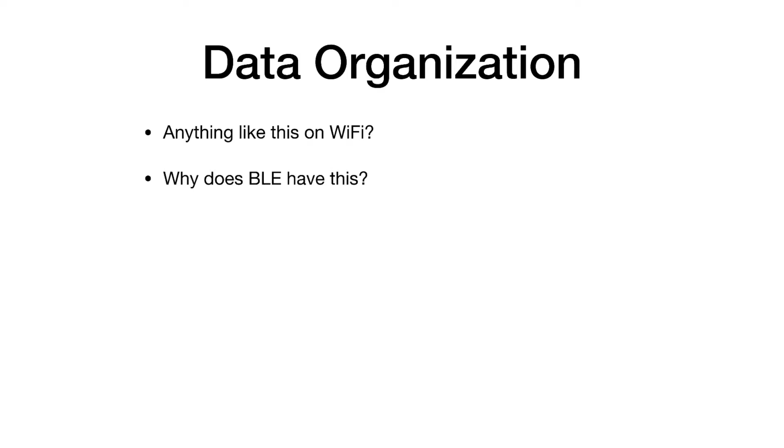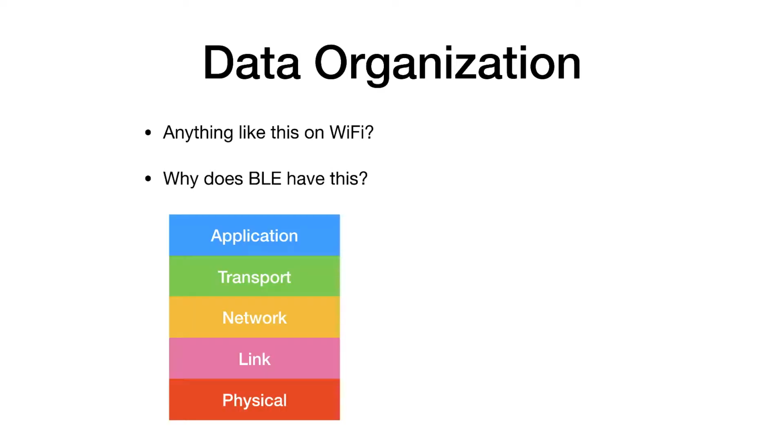Now, Wi-Fi does have a certain amount of structure to it, right? Not inherent in the protocol, but in terms of the application, the stack. We have the Wi-Fi, and on top of that, things like network with IP and transport with TCP, and even application with things like HTTP. So there is structure to the data, but in terms of the actual payload itself, all these protocols don't care what the payload is.